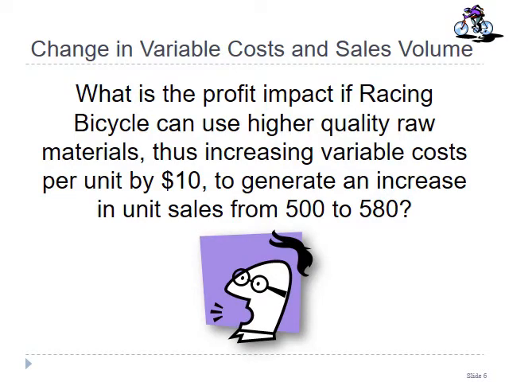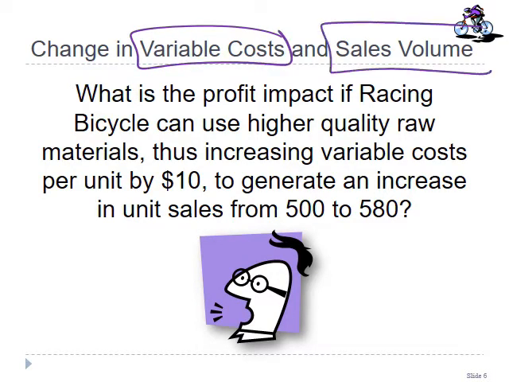Now we want to see whether changes in variable cost and the sales volume will affect our net operating income or not. So for this purpose, management at RBC believes that using higher quality raw material will result in an increase in sales from 500 to 580 units, right?